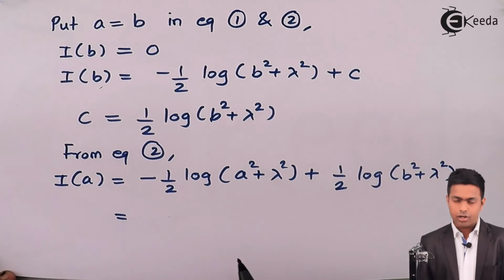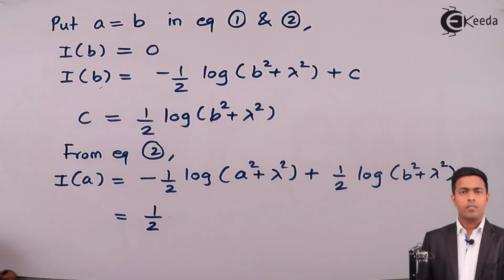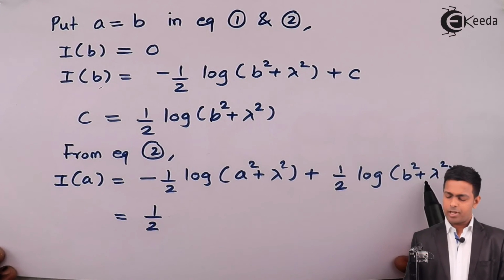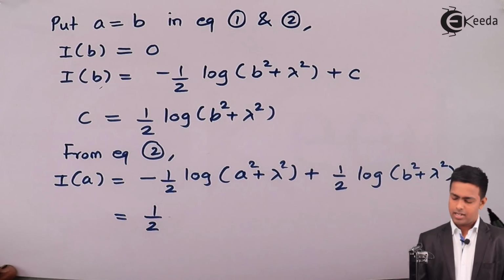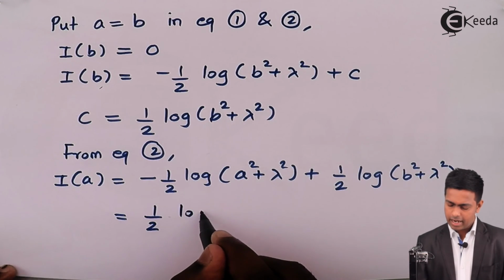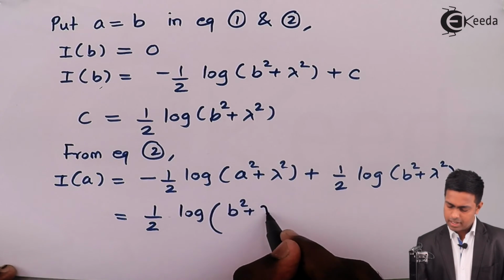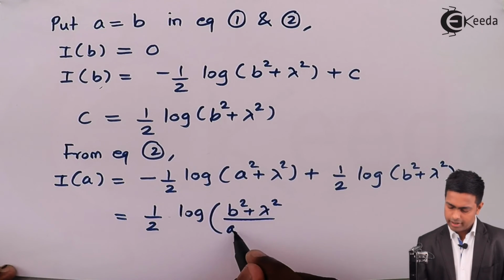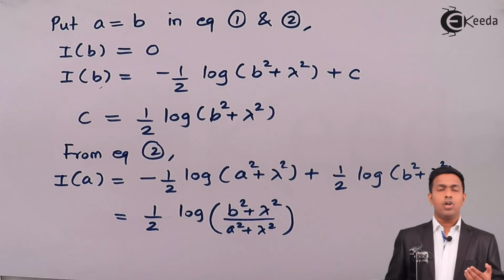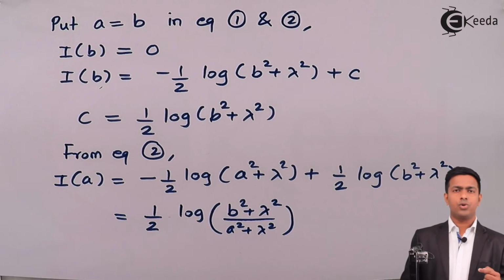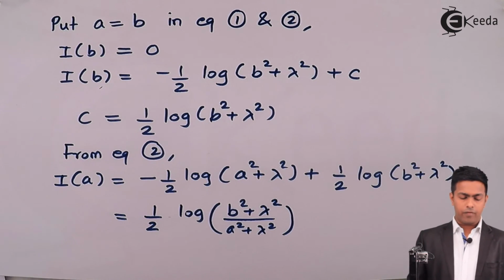So guys, now from these two terms I can take 1 by 2 outside, and we'll get log of b square plus lambda square and negative log of a square plus lambda square, and that together can become log of b square plus lambda square upon a square plus lambda square. Here I have applied the formula of log a minus log b equals log a upon b. So here we got the value of I of a.